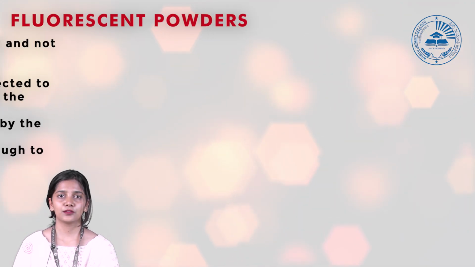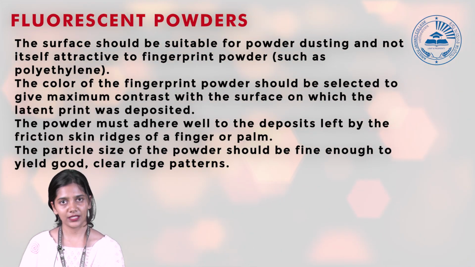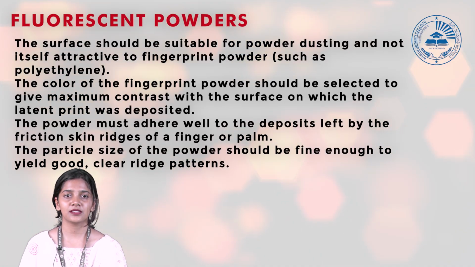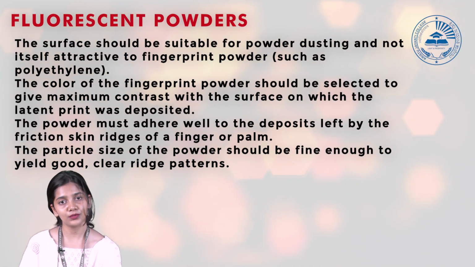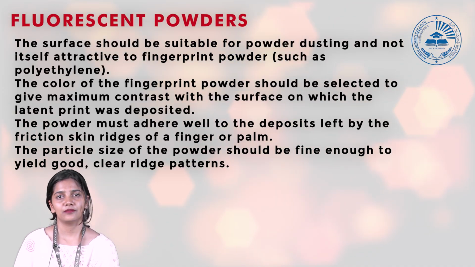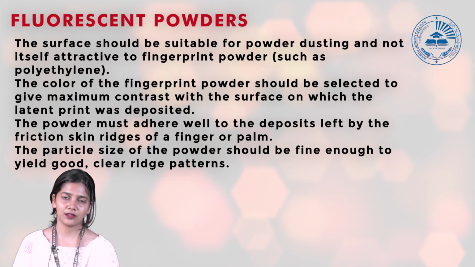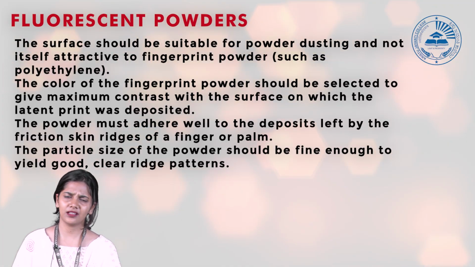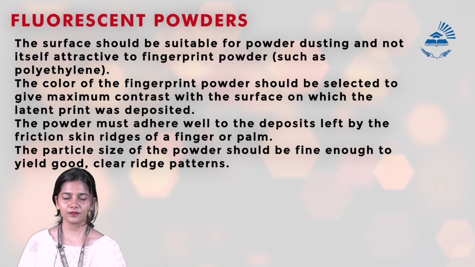So, to effectively develop fingerprints using powder methods, the following conditions should be met. The surface should be suitable for powder dusting and not itself attractive to the fingerprint powder. For example, if you try to develop fingerprints on a polythene cover using a specific powder, it adheres to the cover itself.